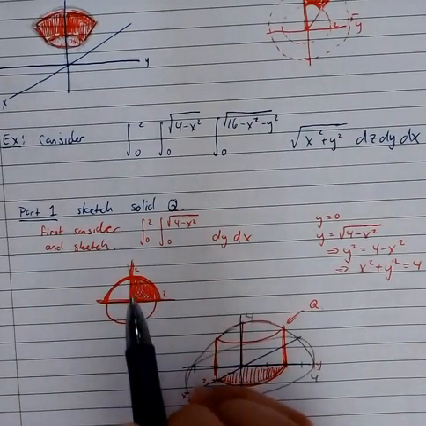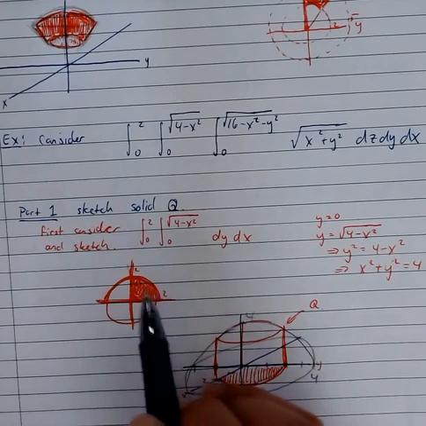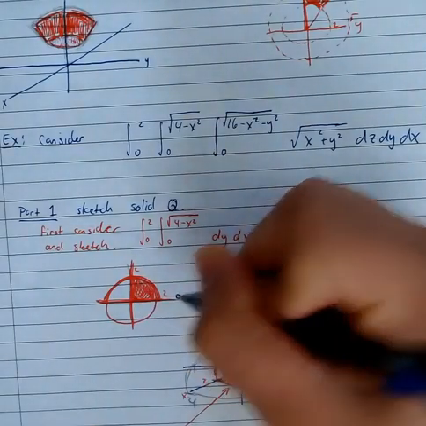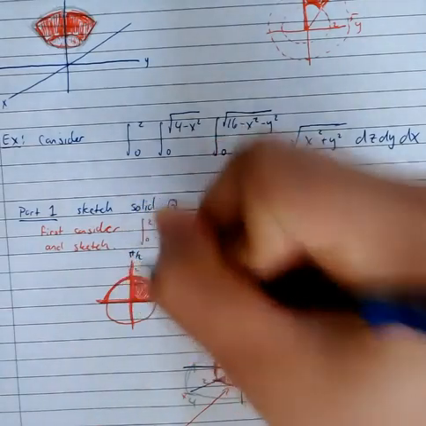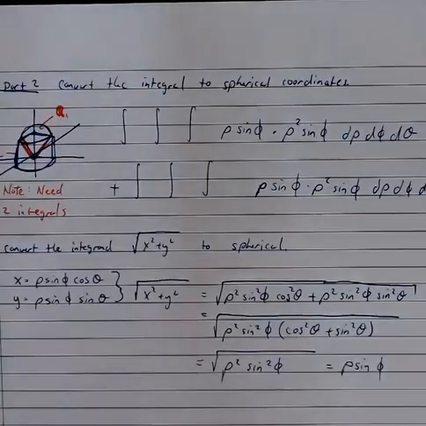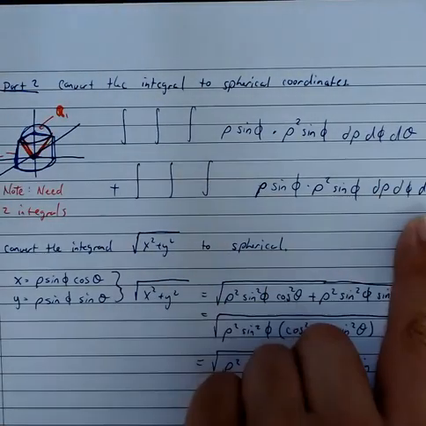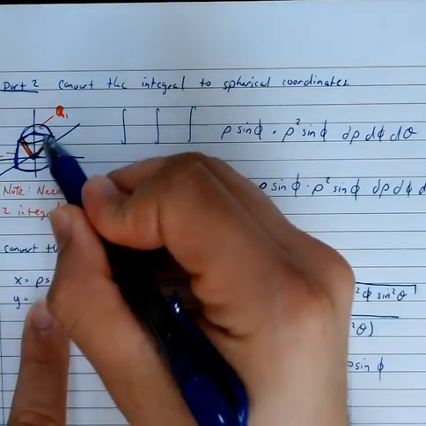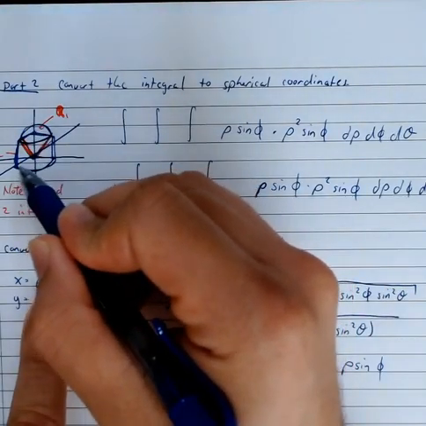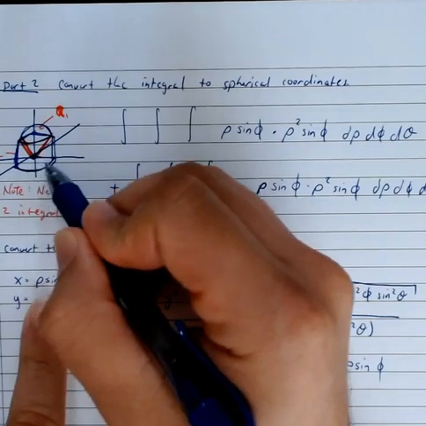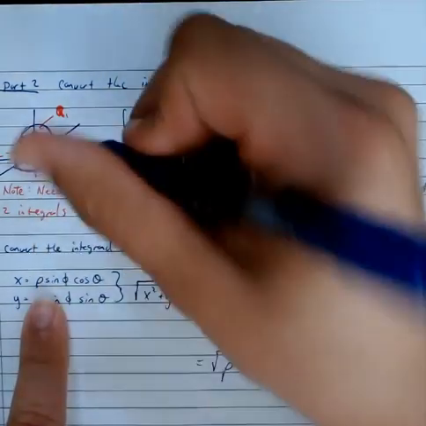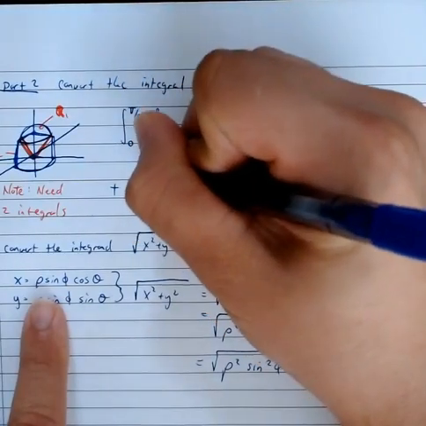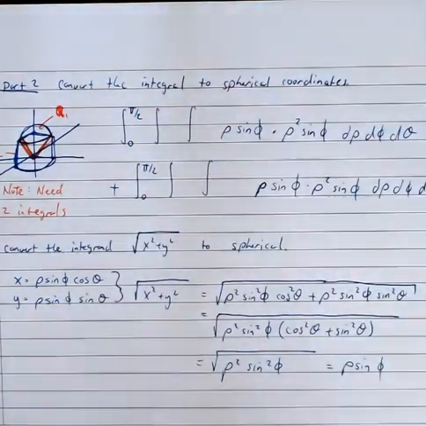We only take the part which is over this part in the first quadrant. Well, in the first quadrant, I know that angle's 0, and I know that angle's pi over 2. So here, theta is the nice one. It's from 0 to pi over 2, and that's going to be true for both of them, because whether I'm up here or down here, I'm still only considering things over this quarter disk. So theta is going to be from 0 to pi over 2 for both of them. Okay, so that part's nice.